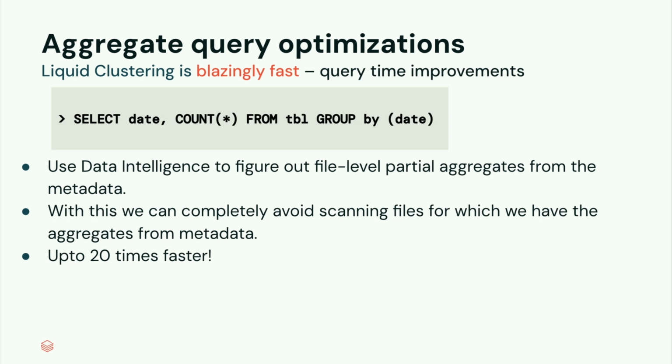This is a type of query which is actually super fast on liquid clustering, because with data intelligence, we're able to figure out file-level partial aggregates from just the metadata. This allows us to skip reading files altogether. And this can be up to 20 times faster, according to our benchmarks.